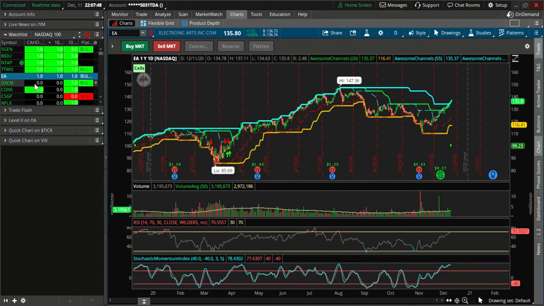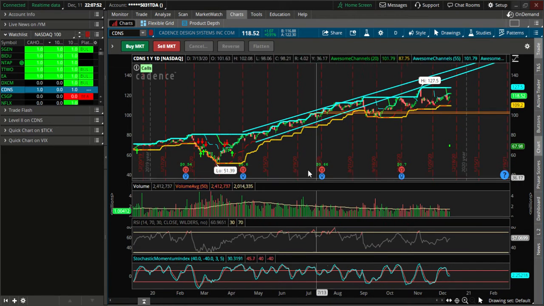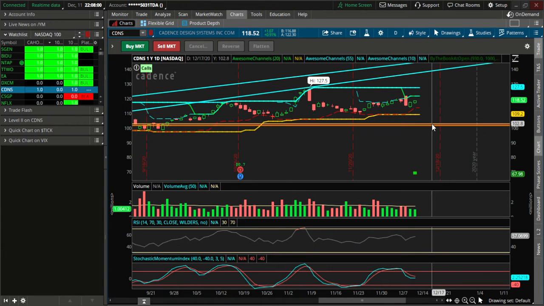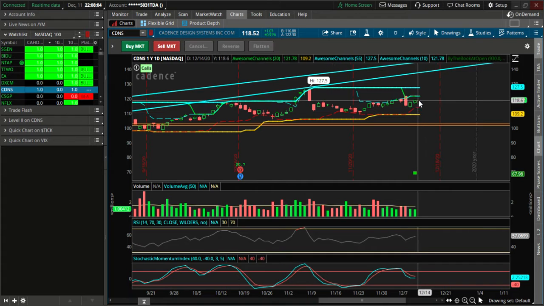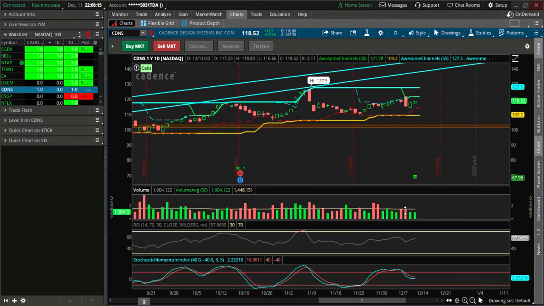So let's take a look at one that is meeting some of the criteria, but it hasn't met all of the criteria. So this one has touched the 10-day high and it rejected it. Now it's going to have to test it again and the 20 all at the same time to determine whether or not it's going to be in a bullish momentum.